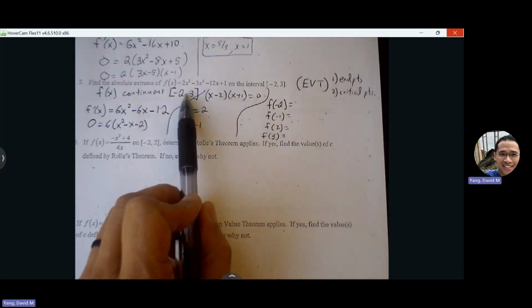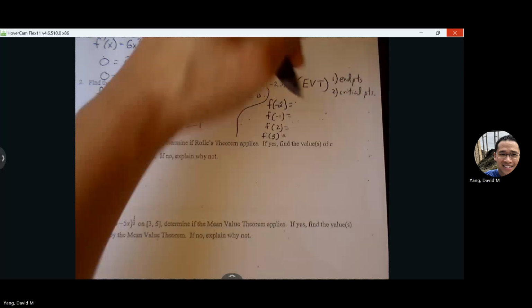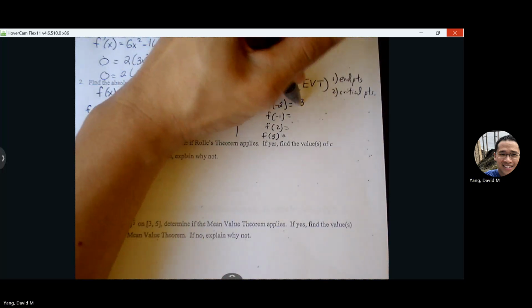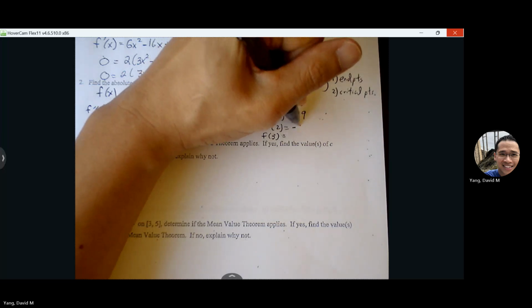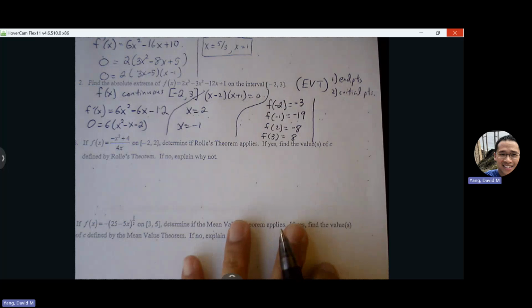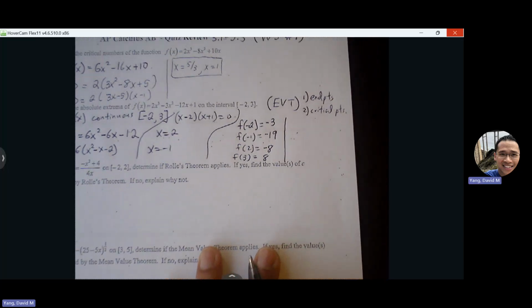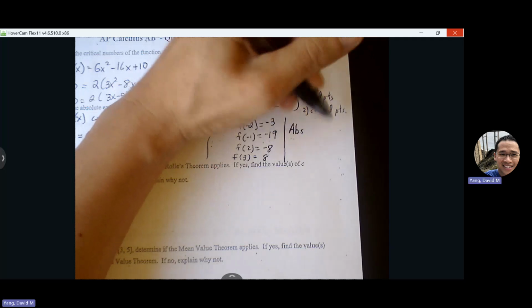Find your y values from the original function. I think on my key, I specified the x values, but just give me the y values. That's what I need from your answer.